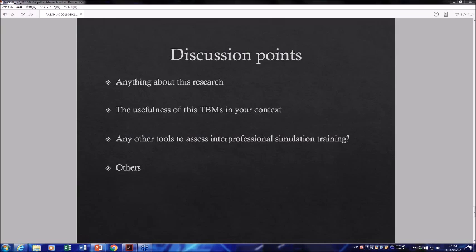The four of us should discuss ahead of time, before students come in for the simulation, what the targeted behavior markers for resuscitation will be. Basically those are the key steps you would look for when they do the presentation.